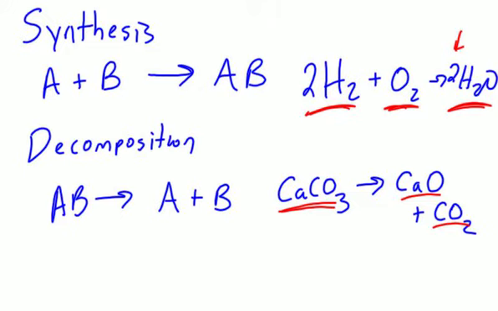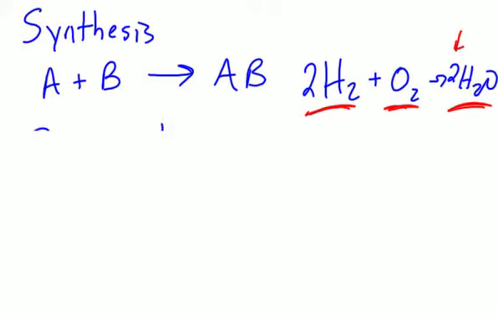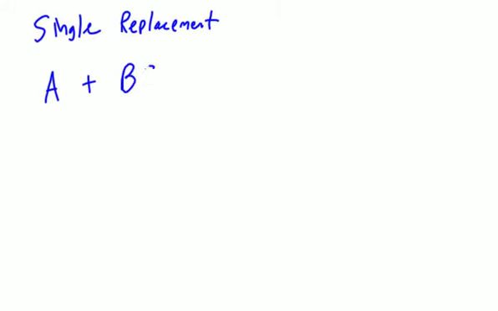So synthesis and decomposition. The next two are usually the ones people have the most trouble with. So the first is called single replacement. And that is when you have a single chemical match up with a compound, and that single chemical is going to replace one of the elements in there.